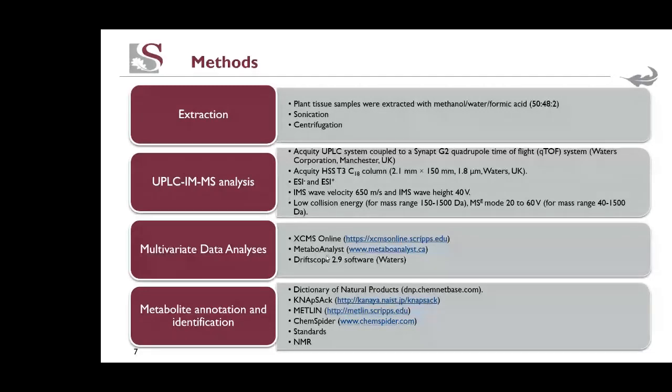And then for the ion mobility data, we use DriftScope to facilitate data analysis. To identify these compounds, we use different databases, and those compounds were then annotated. In a situation whereby we had a standard or NMR was used, we were then able to identify these compounds.